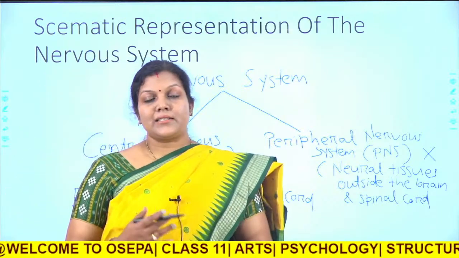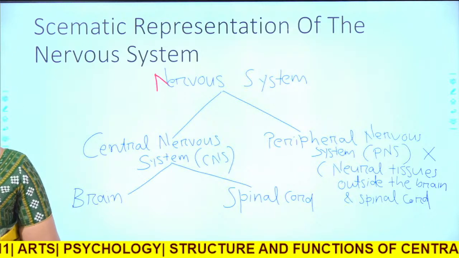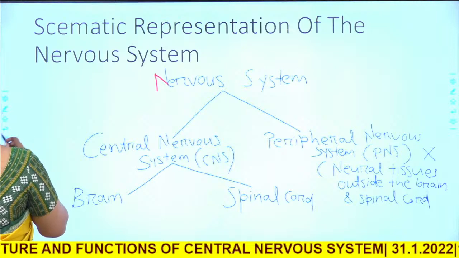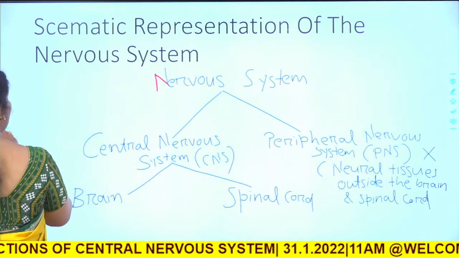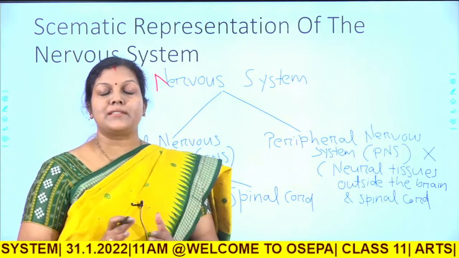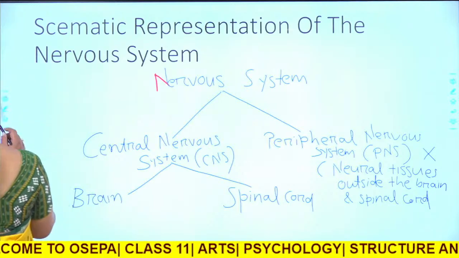So, let us discuss it in detail. Got it? So, this is the schematic representation. I am making another representation that would be easier for you to understand the central nervous system in a detailed way.